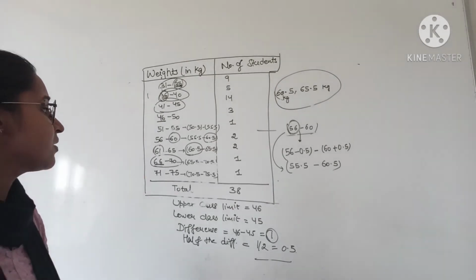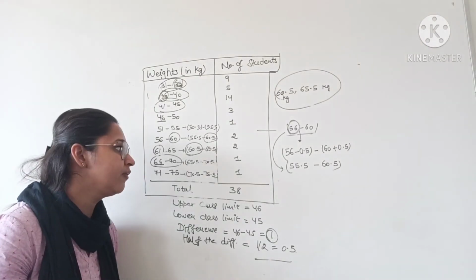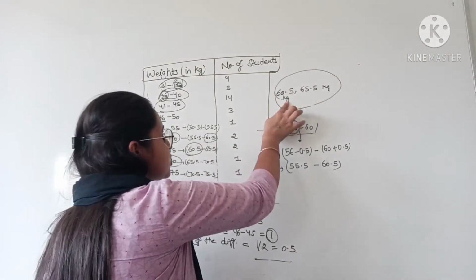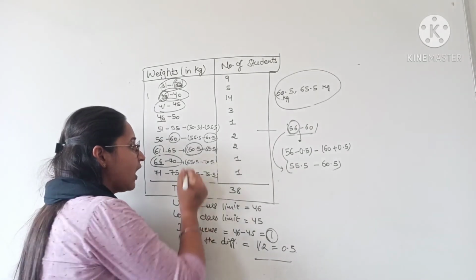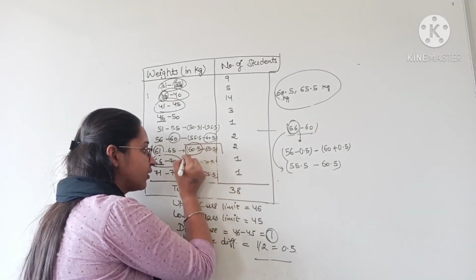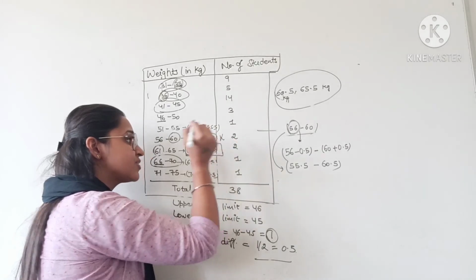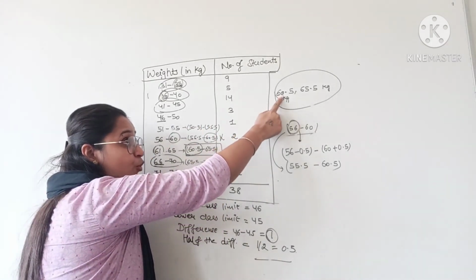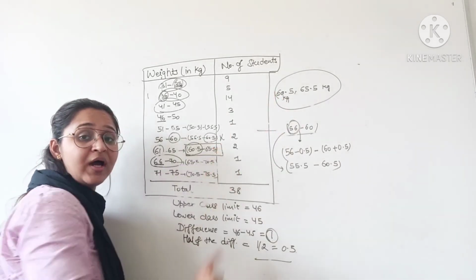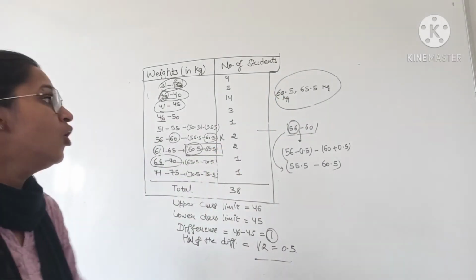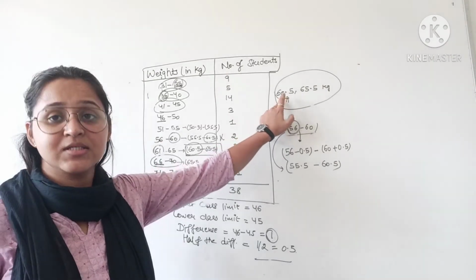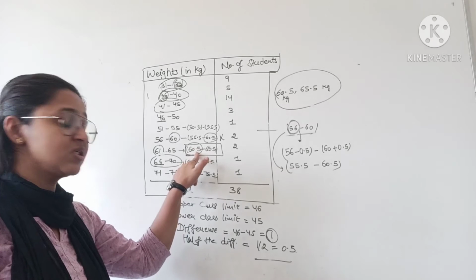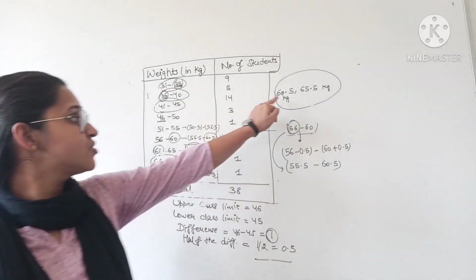There is a methodology, a default method: if I have to add a 60.5 kg student, I will choose the interval whose lower limit is 60.5. So I will add this student here.